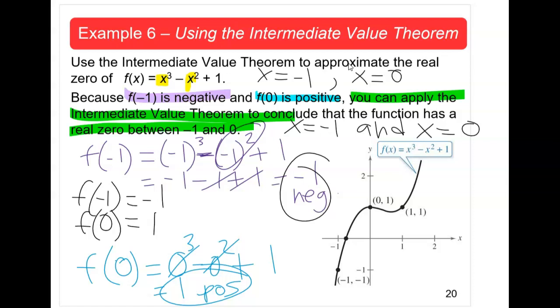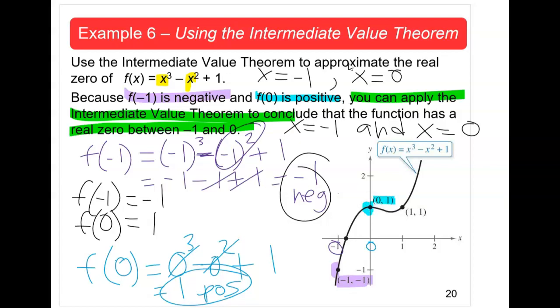So where will that be? Well, as you can see here, we have x equals -1, and here's the function value at that point. Here are the coordinates. And here is the value of x equals 0 right here, and here is our point on the graph and the coordinates.